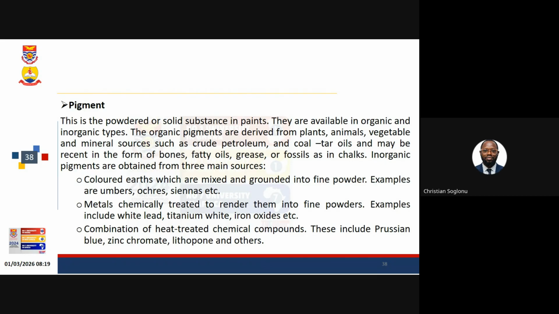Inorganic ones are the ones that are obtained from three main sources. So organic ones are the natural ones, obtained from nature. And the inorganic ones are the ones that are obtained from industries, the scientific or synthetic ones.